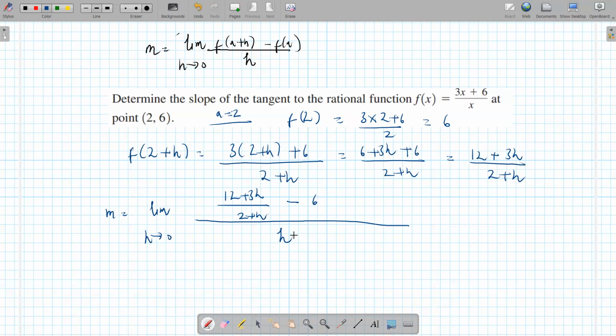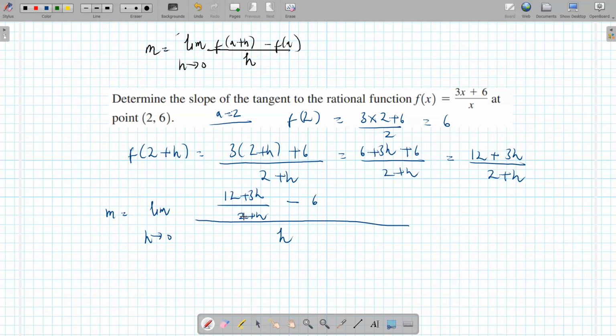What do we do anytime there's a fraction? You take the common denominator, right? Anytime you're dealing with fractions, just take the common denominators, get rid of the fractions.